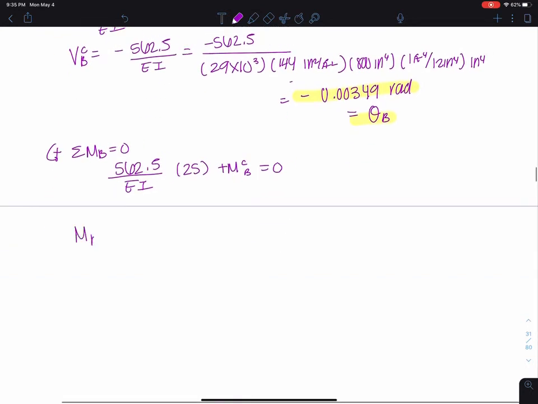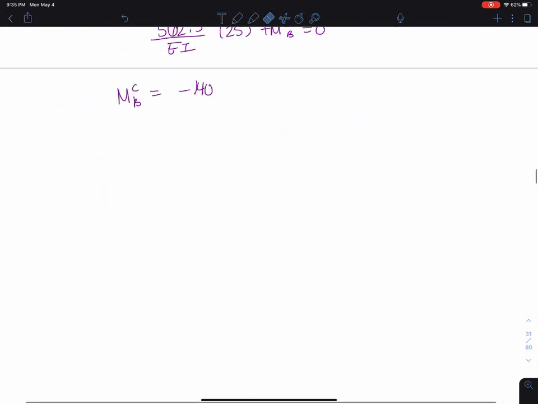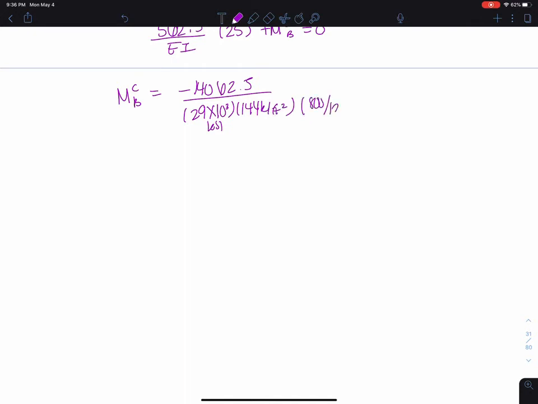We get the moment at point B on the conjugate beam is 140,62.5 over, this is in KSI, again, same conversion, and we get 800 divided by this 12 to the fourth, and we end up getting negative 0.087 feet.